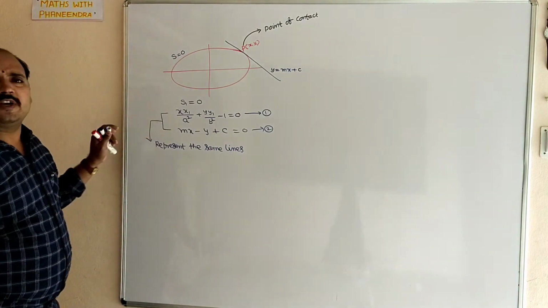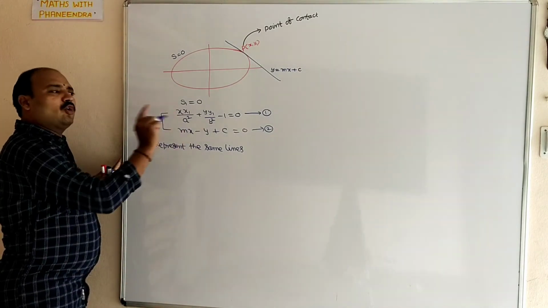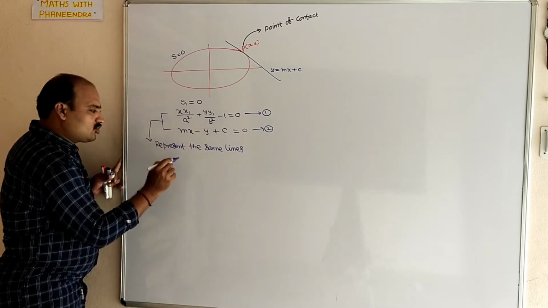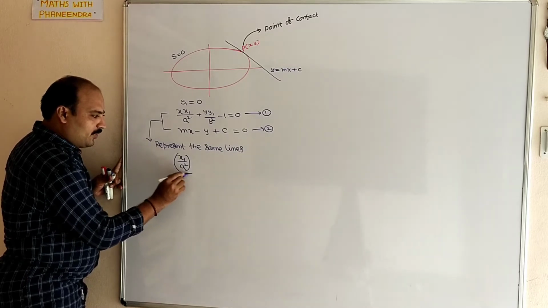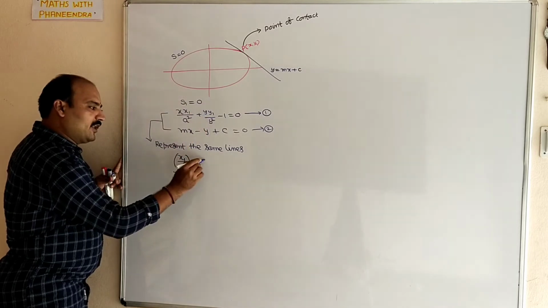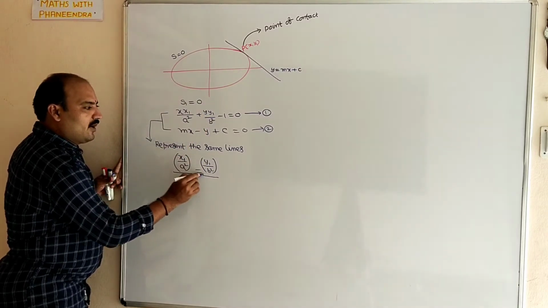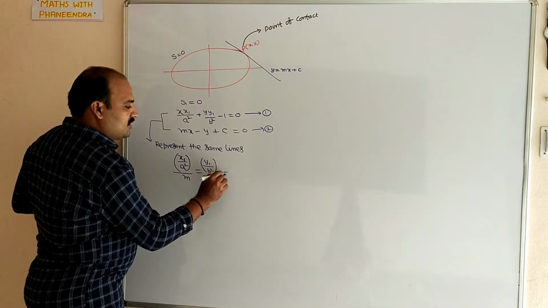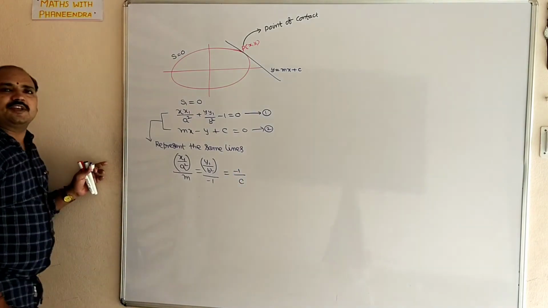Whenever the lines represent the same line, their x coefficients are proportional, their y coefficients are proportional, and their constants are also proportional. Here the x coefficient is x1 by a square divided by m, equal to the y coefficient y1 by b square divided by minus 1, which is equal to the constant minus 1 divided by c.